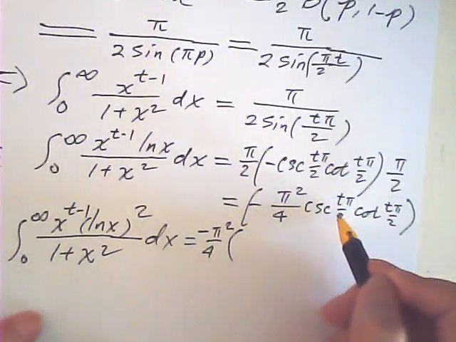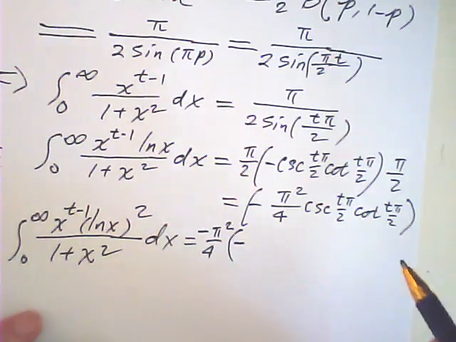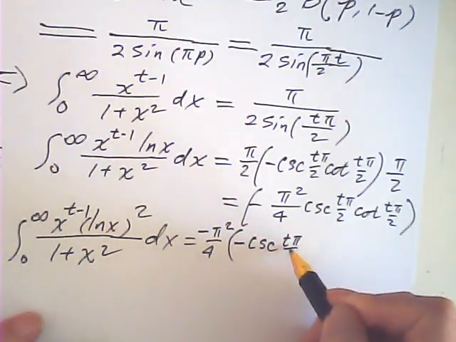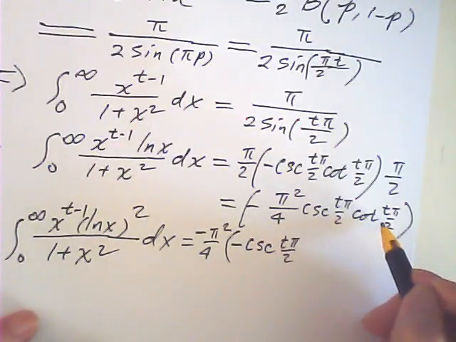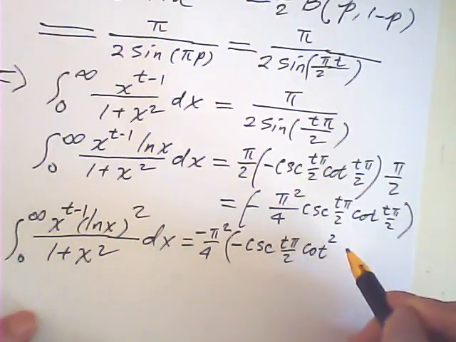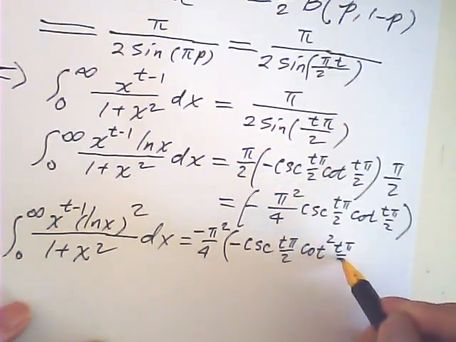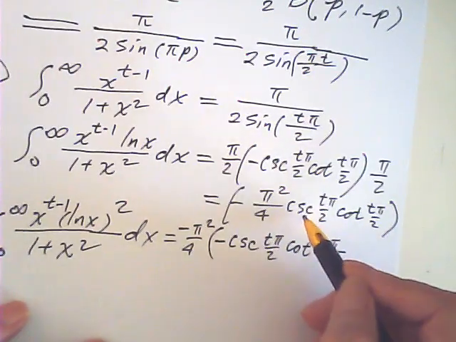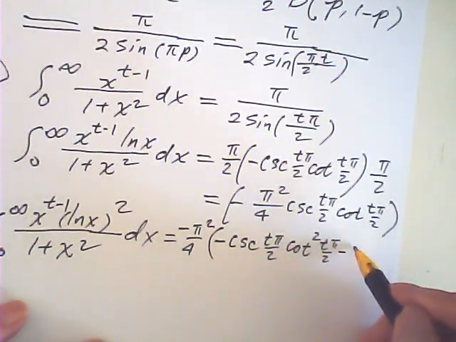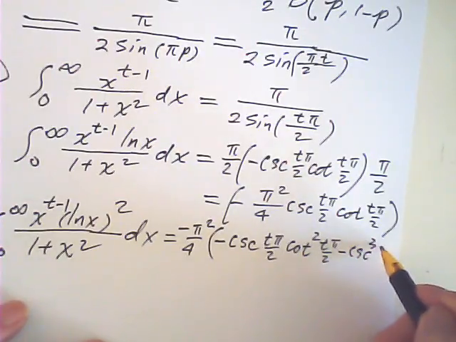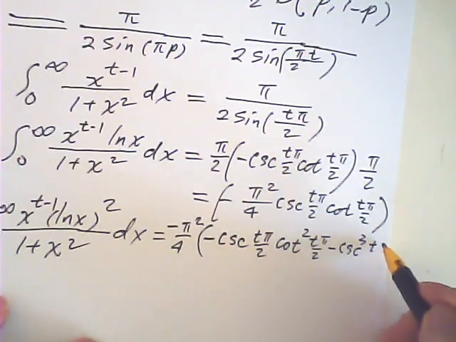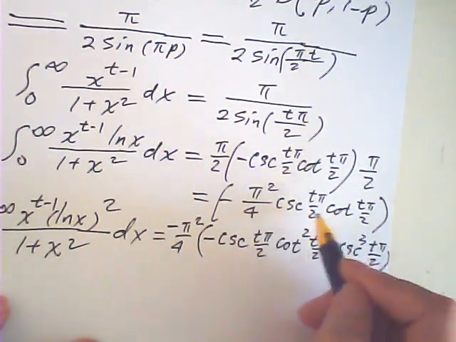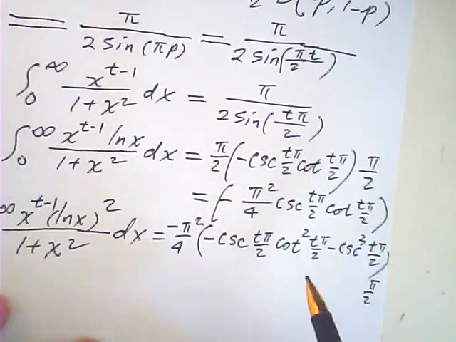The derivative of negative cosecant of t pi over 2 times this one makes cotangent squared of t pi over 2, minus this derivative times this one, a cosecant cubed of t pi over 2, together times pi over 2 because of the chain rule.